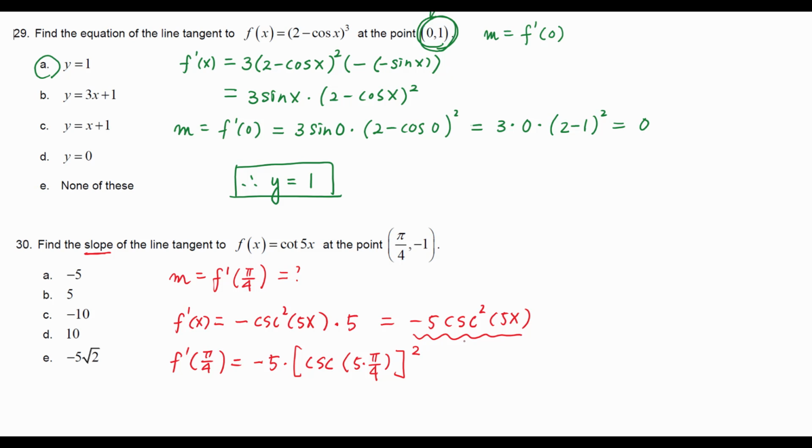That's what cosecant squared 5x is, right? So this is equal to negative 5 times cosecant of 5π/4. Cosecant of 5π/4 is negative radical 2. So when you square it, you get negative 5 times 2, which is negative 10. You just found the slope, and the slope is negative 10, which is C.